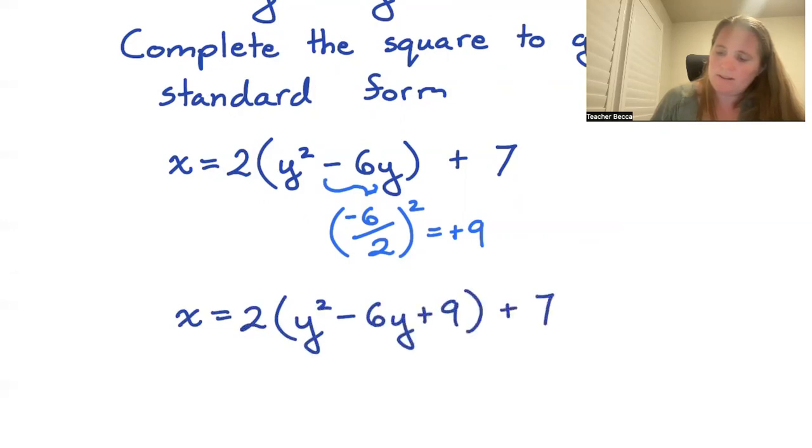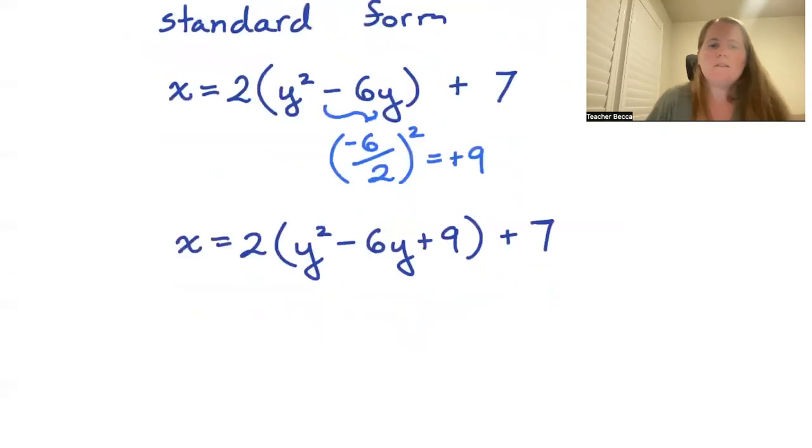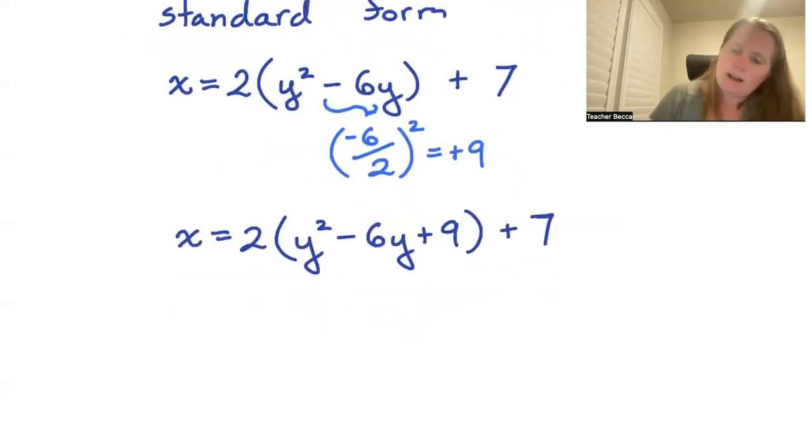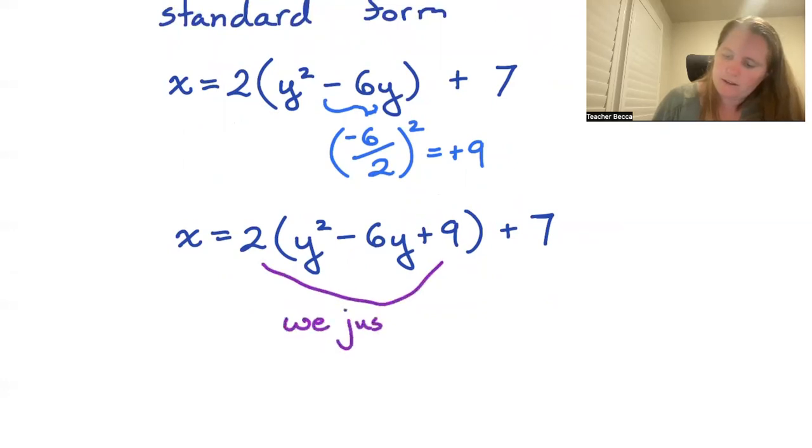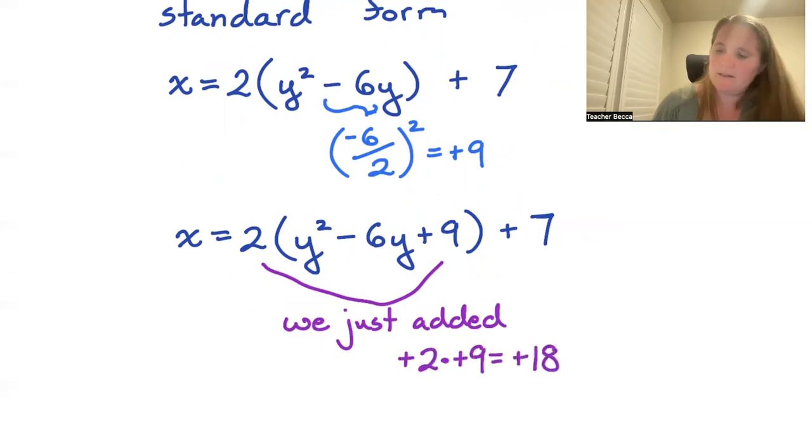We still have our plus 7. Then we just added on 2 times plus 9, or positive 18.